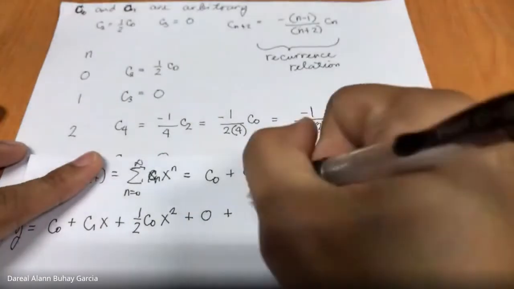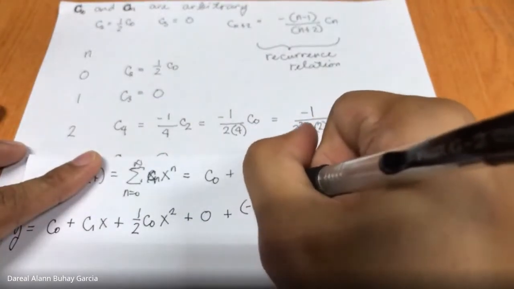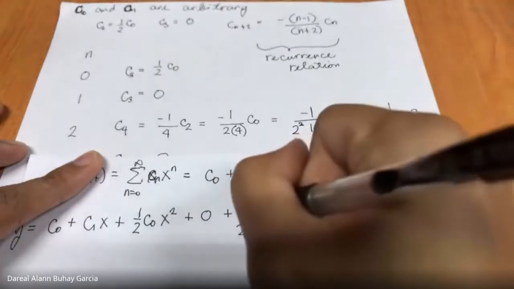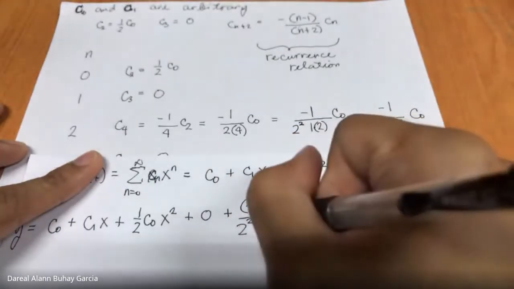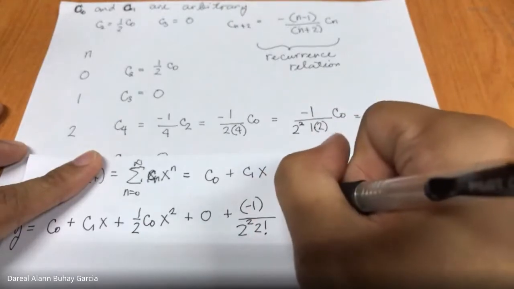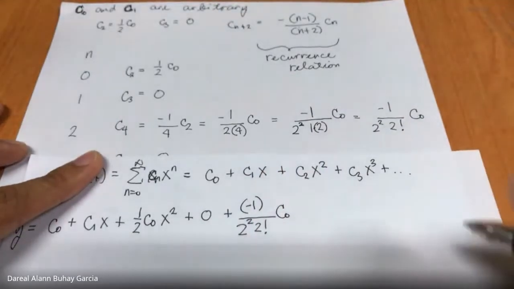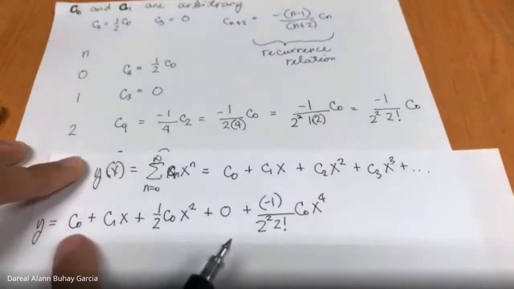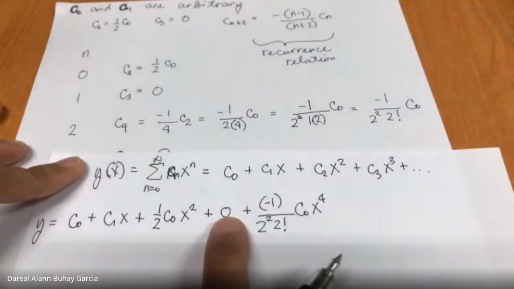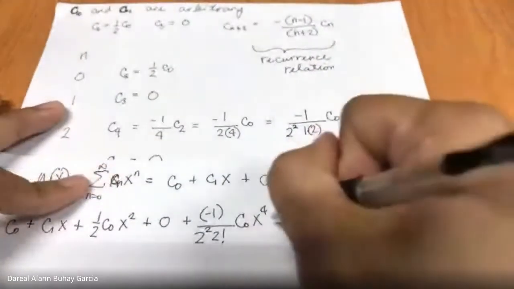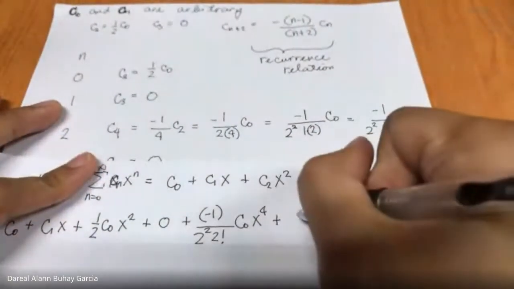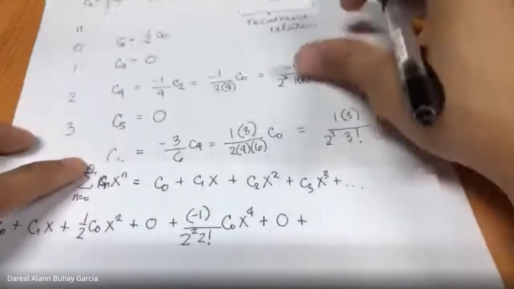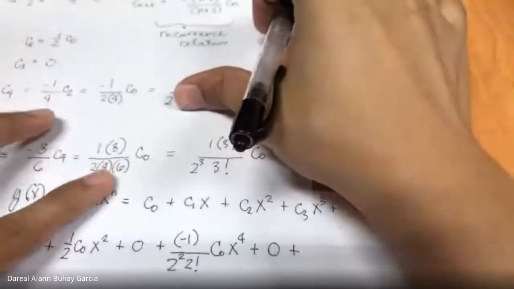Plus negative 1 over 2 squared times 2 factorial, C sub 0, X to the power of 4. Okay? 0, 1, 2, 3, 4. Plus C sub 5 is 0, plus C sub 6.